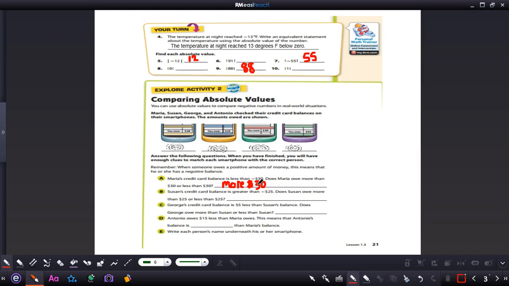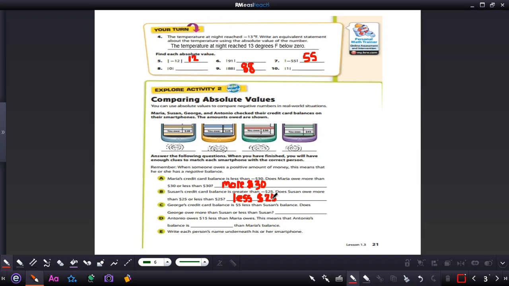Does Susan owe more than $25 or less than $25? And this is less than $25. And you can write that in here. Just remember, when someone owes a positive amount of money, this means that he or she has a negative balance. It's important to remember that when we're dealing with this situation here.